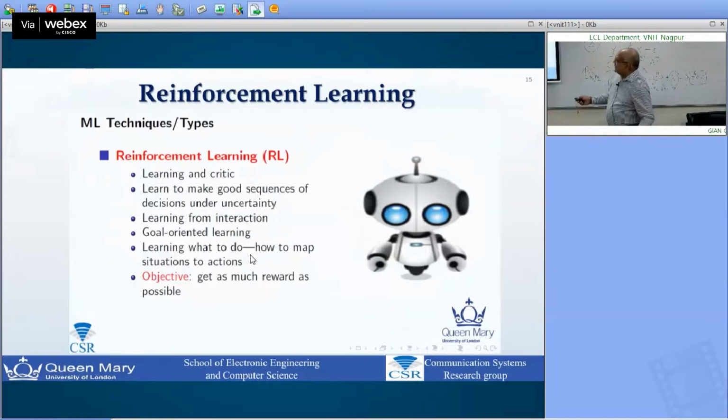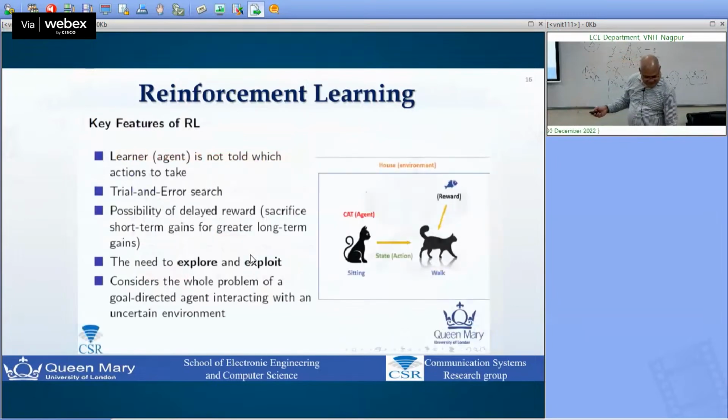Because of this, it's a Markov decision process, so we are going to use reinforcement learning. Wait, I will come back to the reward. What is meant by reward?